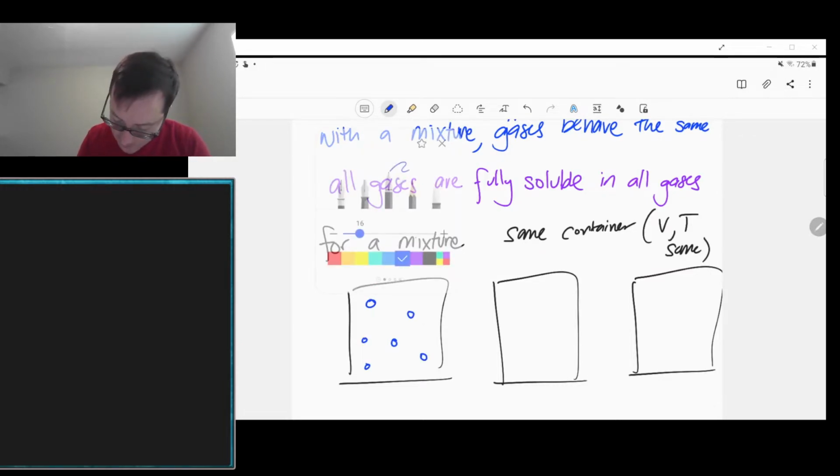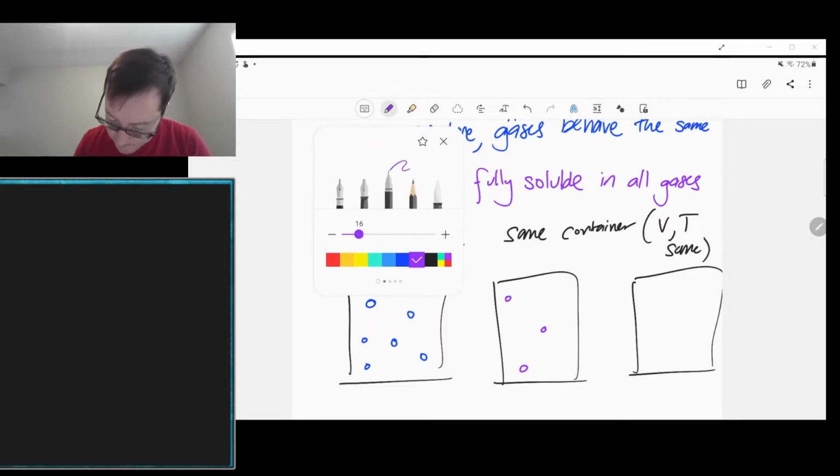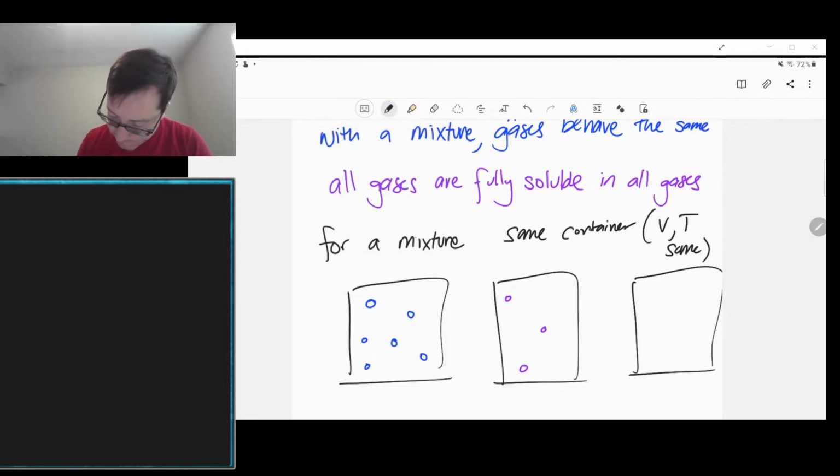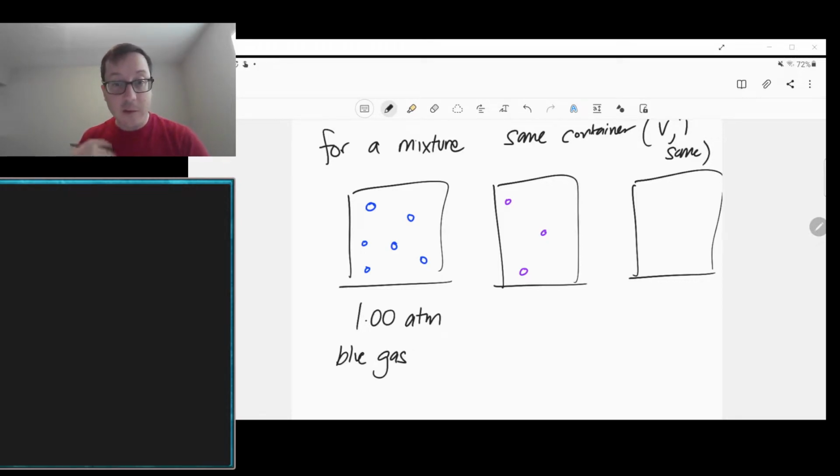So I've put 6 moles of that gas in here, and I'm going to just put 3 moles of this purple gas. Let's say we want to think about the pressure contributed by the blue gas, which happens to be 1 atmosphere.